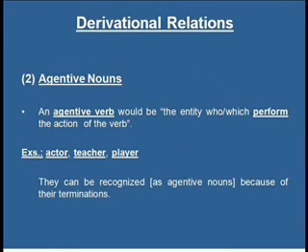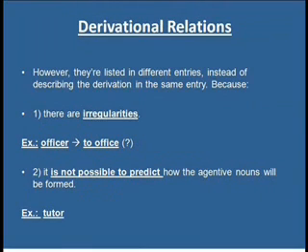Agentive nouns would be the entity who or which performs the action of the verb. For example, actor, teacher, and player, and they can be recognized because of their terminations. However, they are listed in different entries instead of describing the derivation in the same entry. Because 1. There are irregularities. For example, officer, there is no verb like to office.